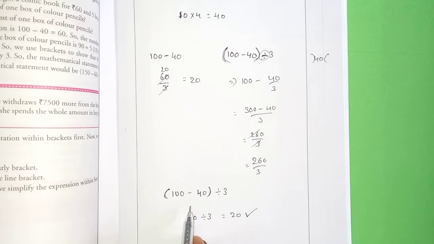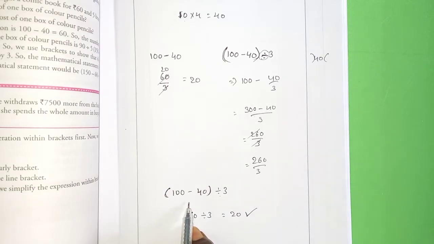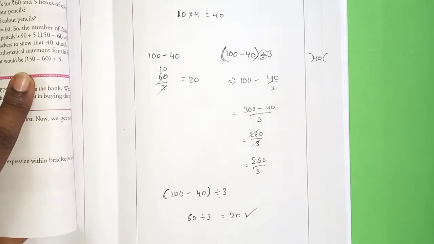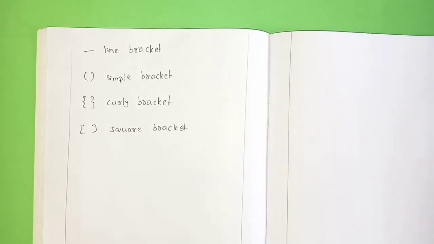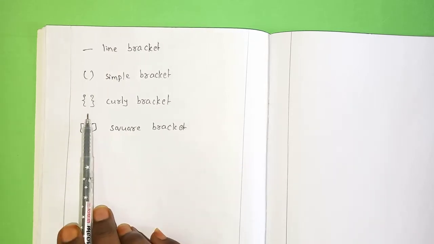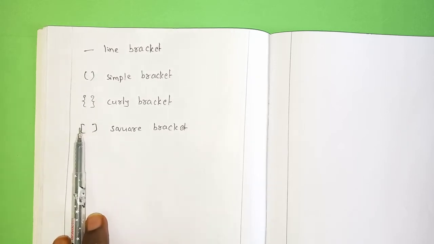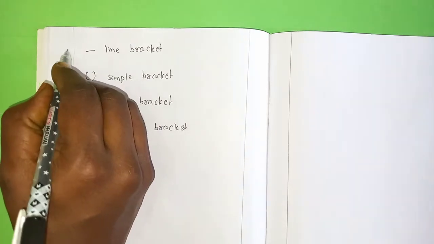But not only the simple brackets, we have 4 different types of brackets. One second, I'll explain that. So these are the 4 different types of brackets we have: line bracket, simple bracket, curly bracket and square bracket. If the expression has all the 4 types of brackets, then this is the priority.